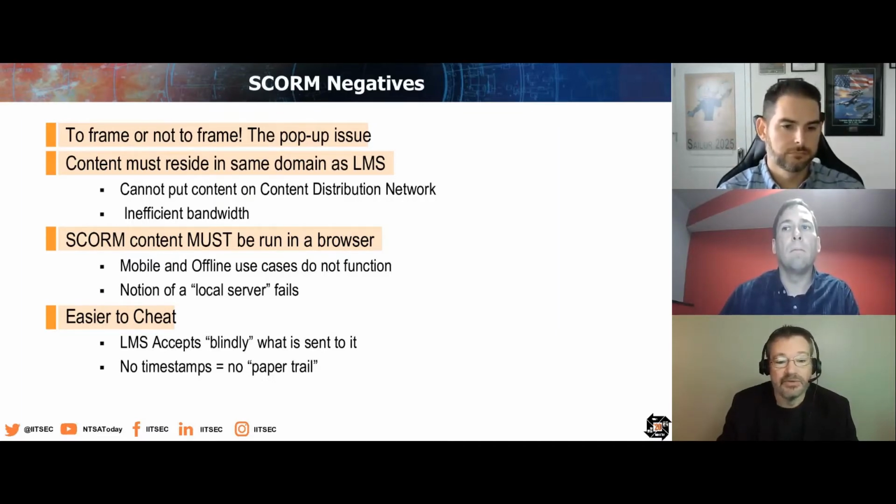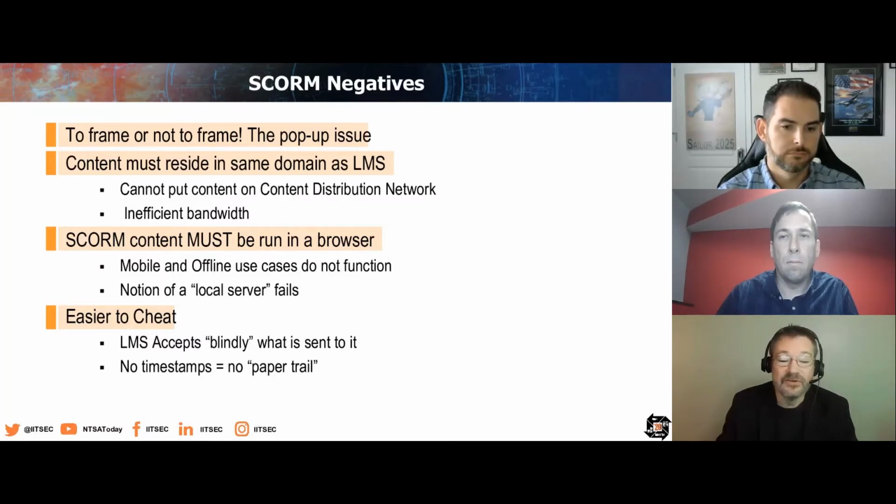Another problem with SCORM is the content must reside in the same domain as the LMS. What does that mean practically? Well, it means that the LMS and the content are sitting on the same web server. Now, as content gets larger and larger, including use of videos, voice, narration, music, all kinds of things to make it more interesting to students, it takes up more and more bandwidth.